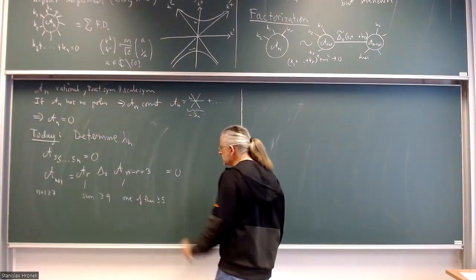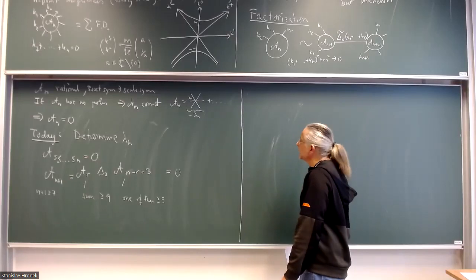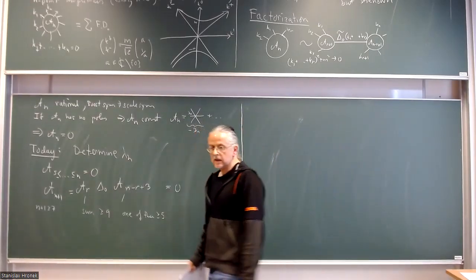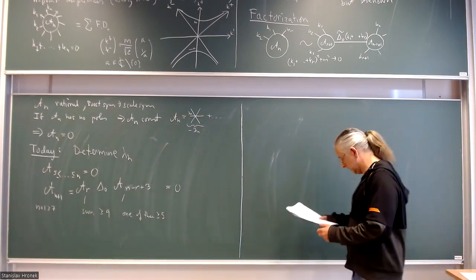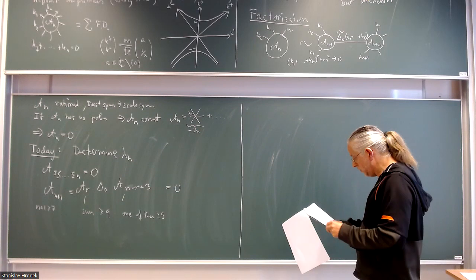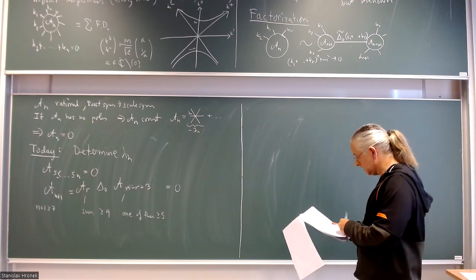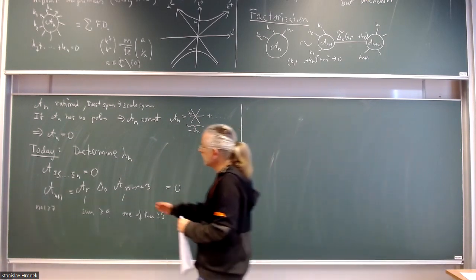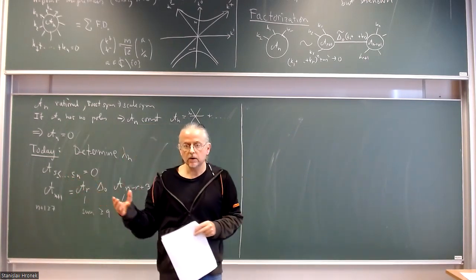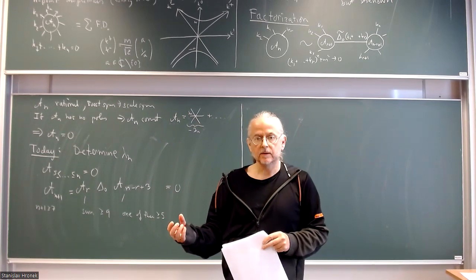Okay, so that was what we did last time, and then we will need 2 tricks to be able to determine the lambda n's. The first trick is that we know that these amplitudes are constant, so they don't depend on the momentum.